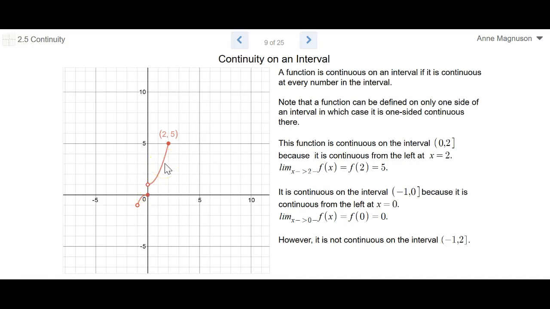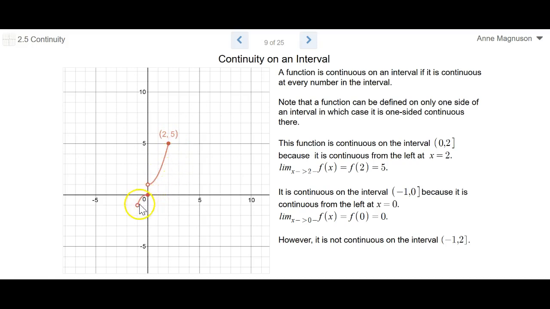So let's look at the rigorous reason why it's not continuous. Let's look at the endpoints. The limit as x approaches 2 from the left equals f of 2 because I have that filled in endpoint. So I can say this function is continuous on the interval 0, 2, where 0 is open and 2 is defined and included.